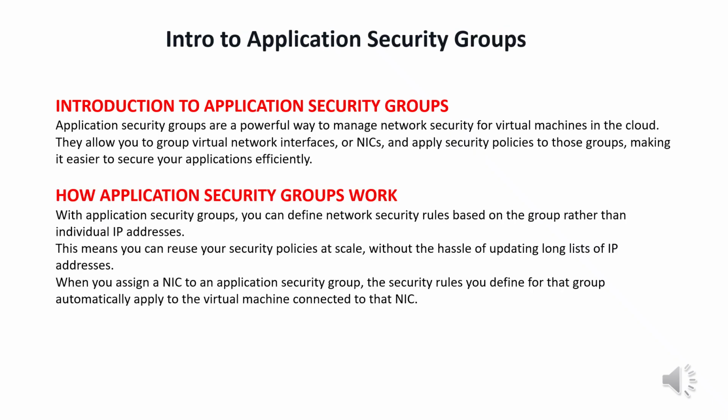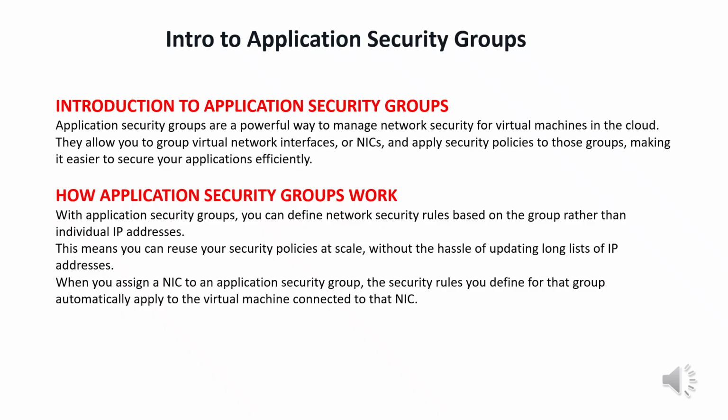Application security groups are a powerful way to manage network security for virtual machines in the cloud. They allow you to group virtual network interfaces, or NICs, and apply security policies to those groups, making it easier to secure your applications efficiently. With application security groups, you can define network security rules based on the group rather than individual IP addresses.